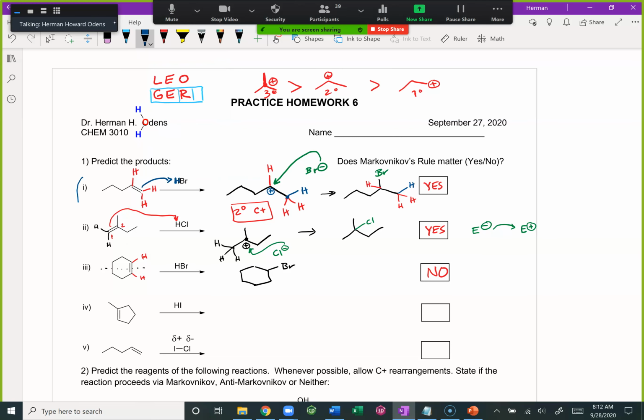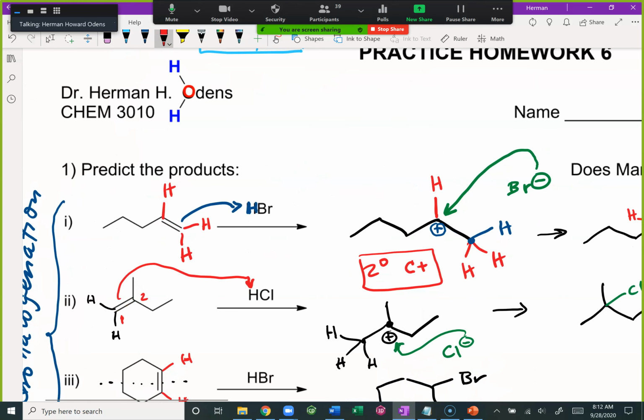So all of these are hydrohalogenations, because you add a hydrogen and a halogen. One thing that I forgot to mention Friday was that the double bond is electron rich.